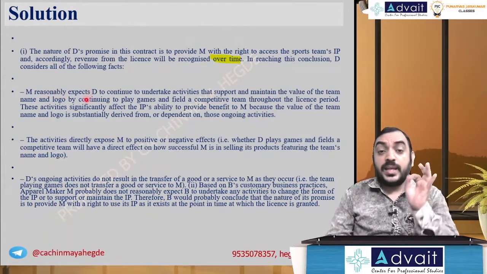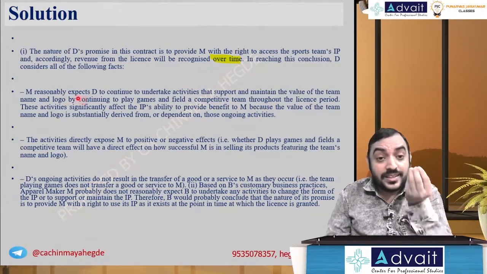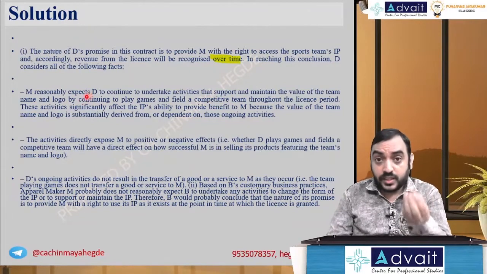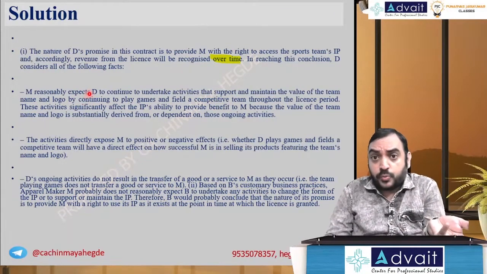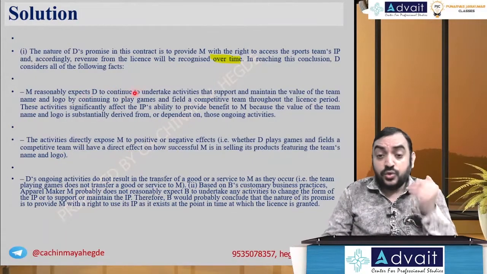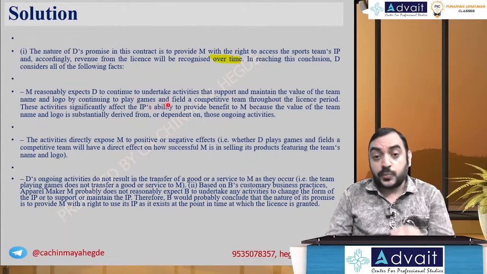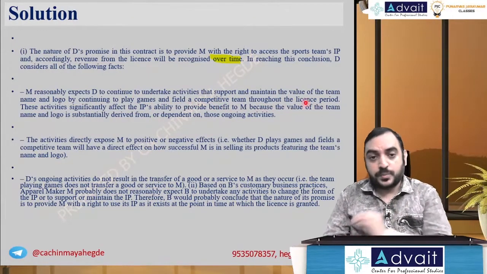M reasonably expects, look at the word M, the apparel manufacturer, M reasonably expects that the team will continue to undertake activities that support and maintain the value of the team name and logo by continuing to play games and field a competitive team throughout the license period.